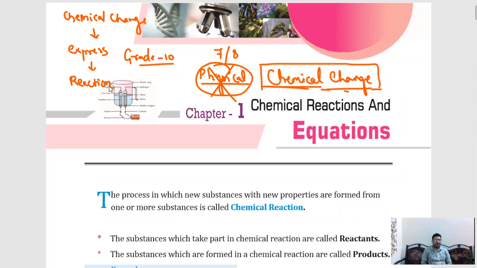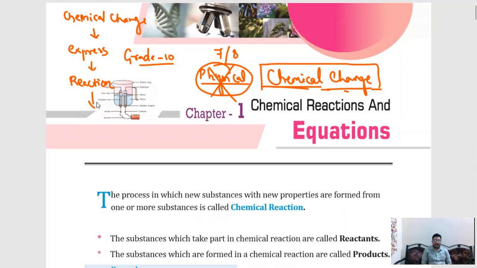For example, if you take some curd and put it in milk, after some hours that milk will become curd. So you can observe a chemical change, and you can express it in the form of a reaction. If you pass electricity through water, you can observe gas bubbles coming out. So again you can express that chemical change in the form of a reaction.